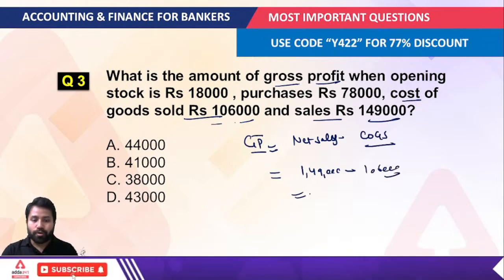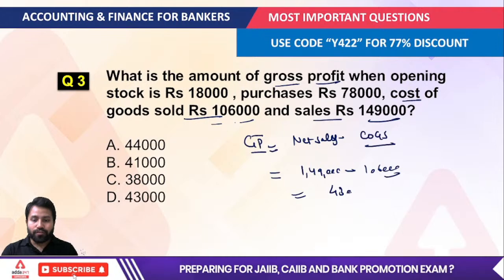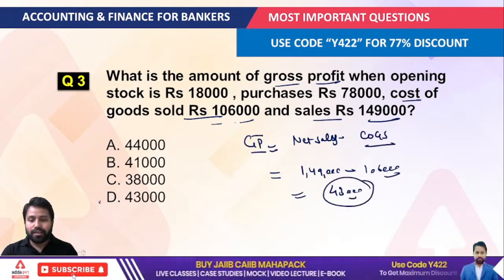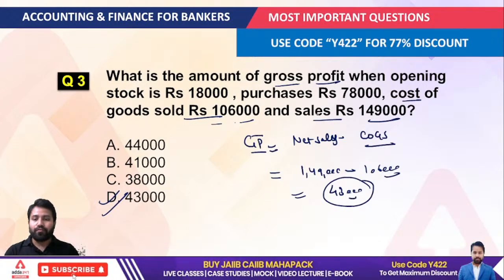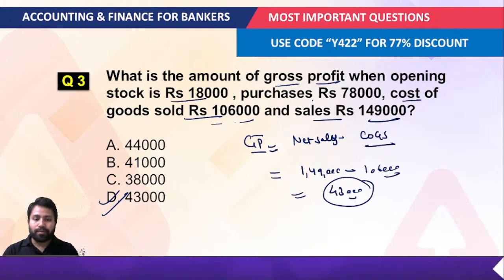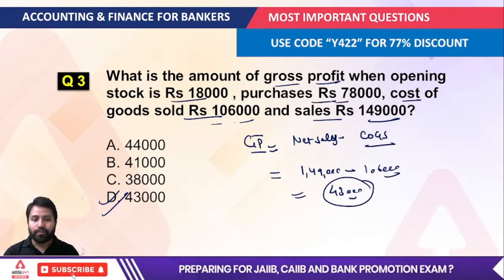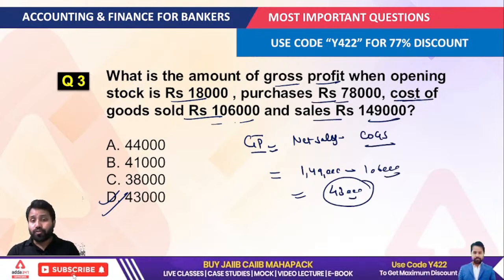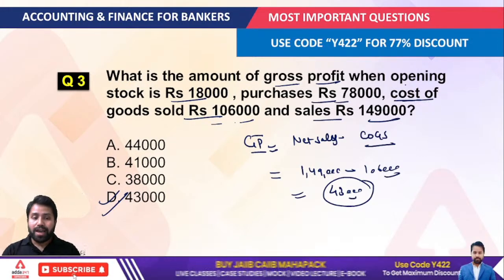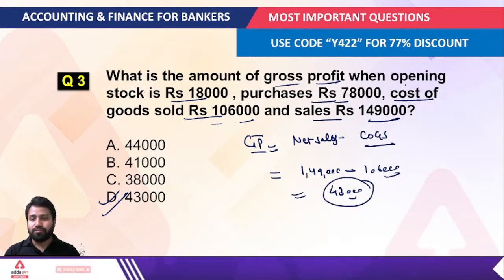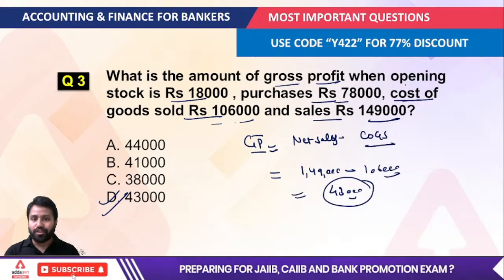Now just tell me what will be the answer of this question. Then you will say that is 43,000. There is nothing important in the information like the opening stock and the purchases given, because you only require the sales and the cost of goods sold while calculating the gross profit. And in this type of question, you can get confused in the examination.